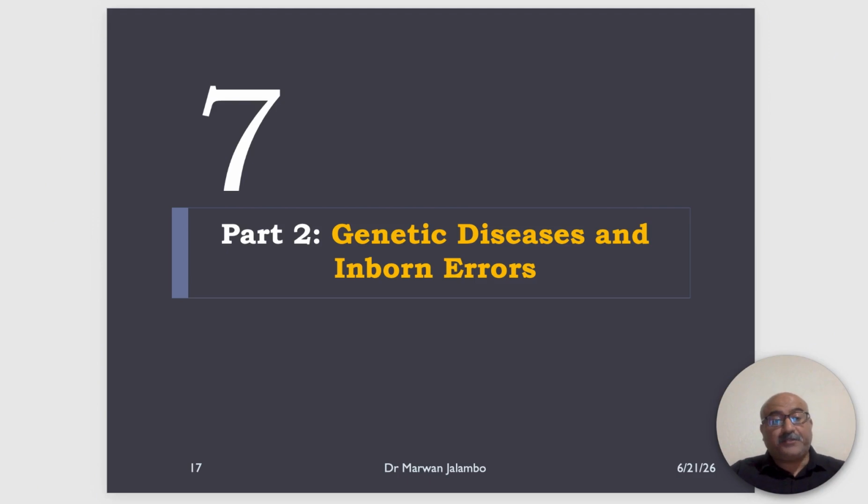Today we are exploring Chapter 7, Part 2, focusing on genetic diseases and inborn errors. Last lecture, we covered environmental disruptions. Today, let's look at the error within the biological blueprint itself.